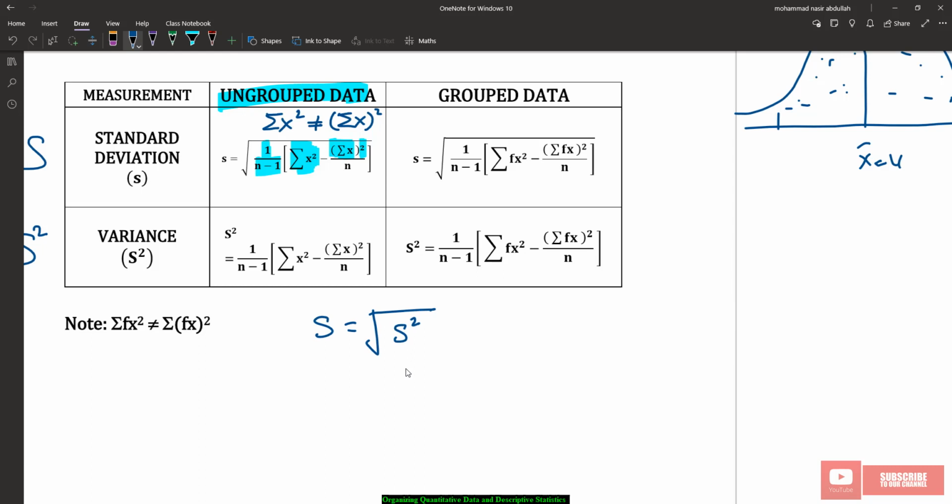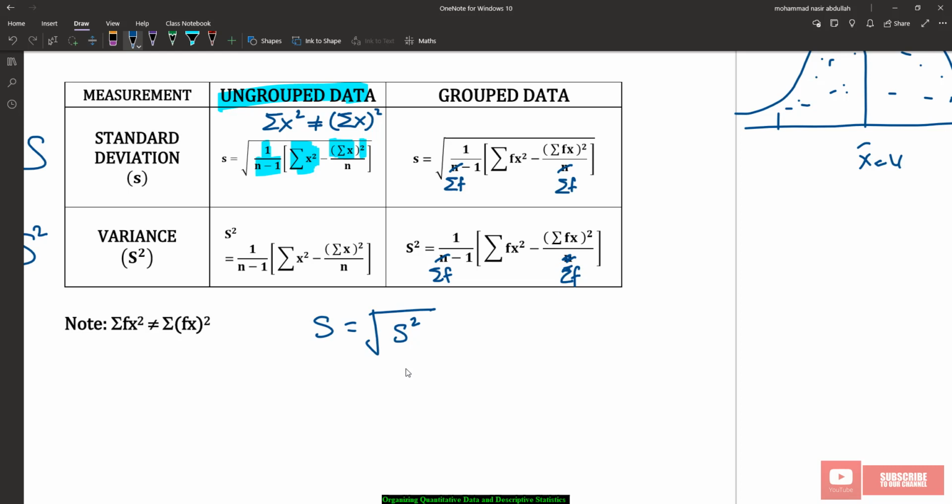So for grouped data, basically you need to change n to summation of f, right? Instead of n minus 1, it should be summation of f minus 1, right? So the formula should be 1 divided by summation of f minus 1, multiplied with summation of fx squared minus summation of fx, then squared, divided by summation of f, right?